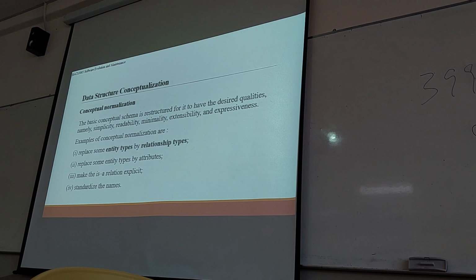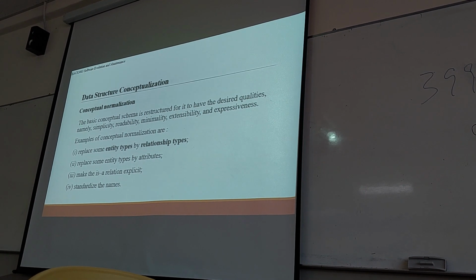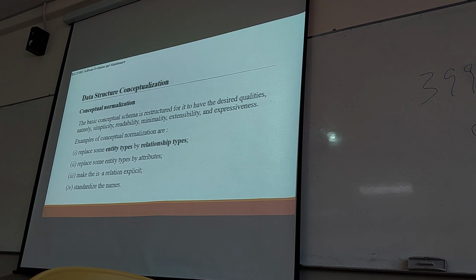Then conceptual normalization. Here you need to identify the relationships. First, replace some entity types by relationship types, meaning we identify the relationship between them, replace unwanted attributes with better or more meaningful ones, make relationships explicit, and standardize the names, including the field names.